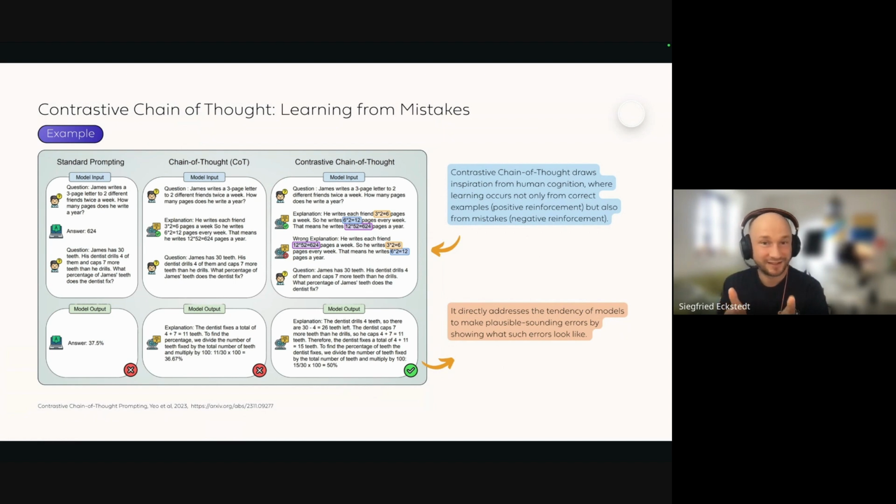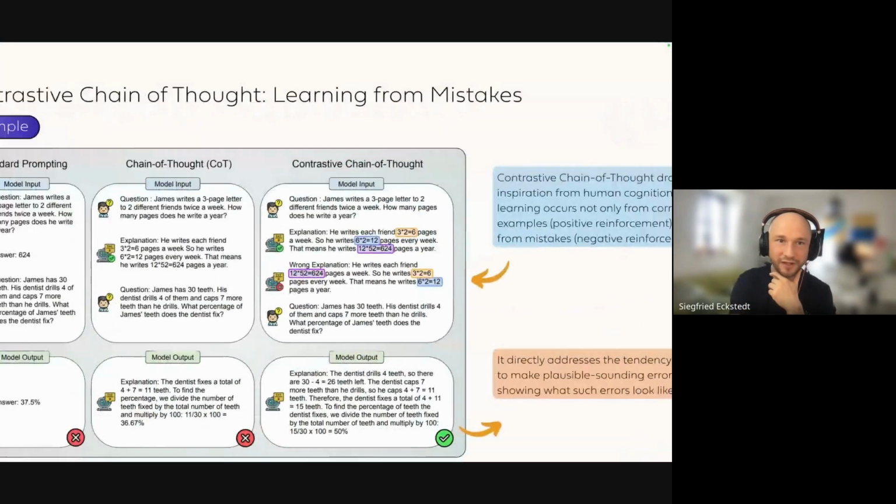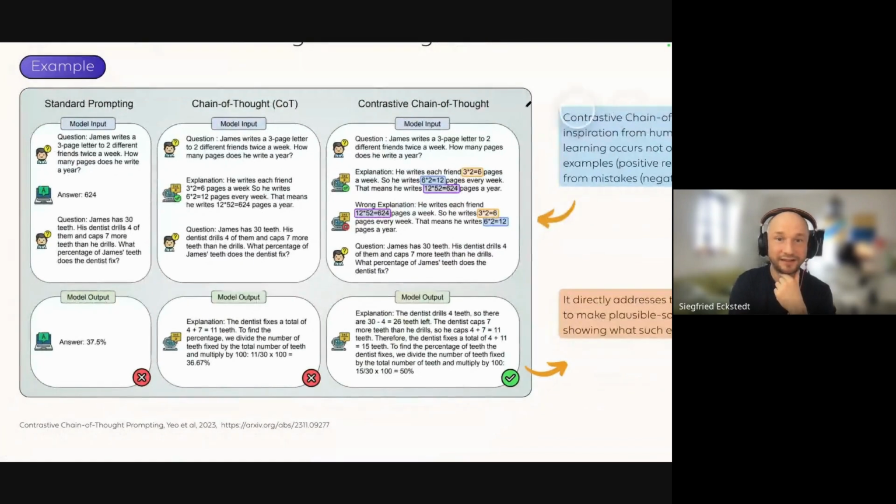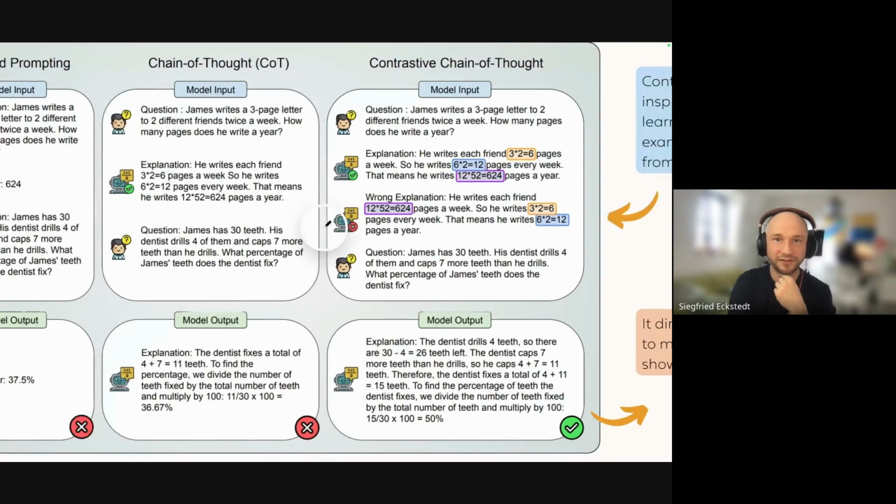And here we use the larger idea of chain of thought, but we introduce a mistake. How do we do that? In the research paper, they have a very good demonstration on how you could extend chain of thought.